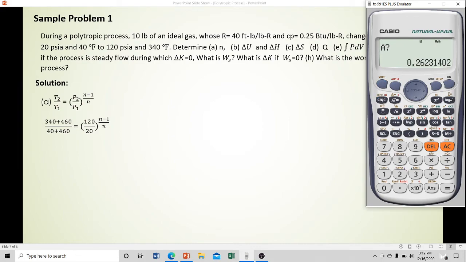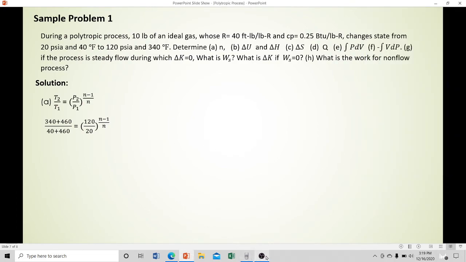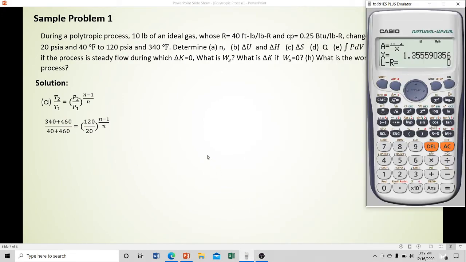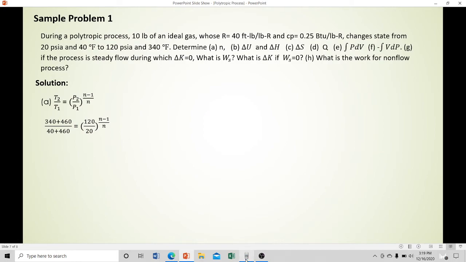So shift solve equals 0. So your n is equivalent to 1.3536, 1.356 or 1.36.